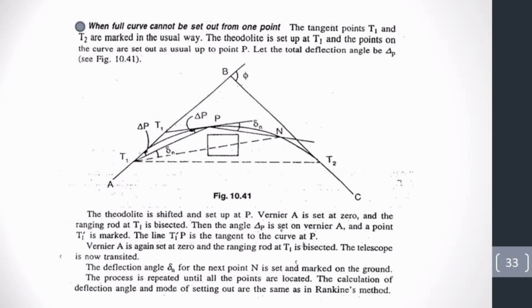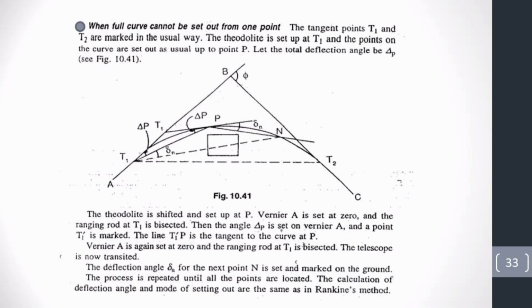Then vernier A is again set at 0, and the ranging rod at T1 is bisected. So the telescope is now transited. Then the total deflection angle for the point N is set and marked on the ground.